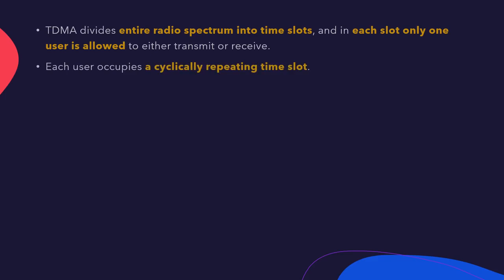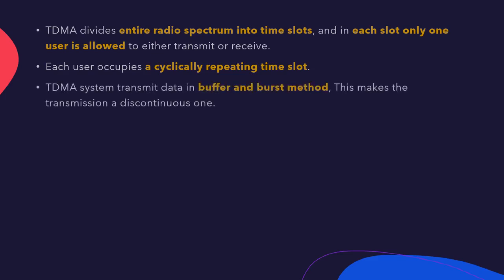The first user will be using the entire channel bandwidth for, for example, 5 seconds. After 5 seconds, the chance will be given to the second user. This process will go on until it reaches the 10th user. Then the process repeats again to the first user, and then the second user, and this process is cyclically repeating.